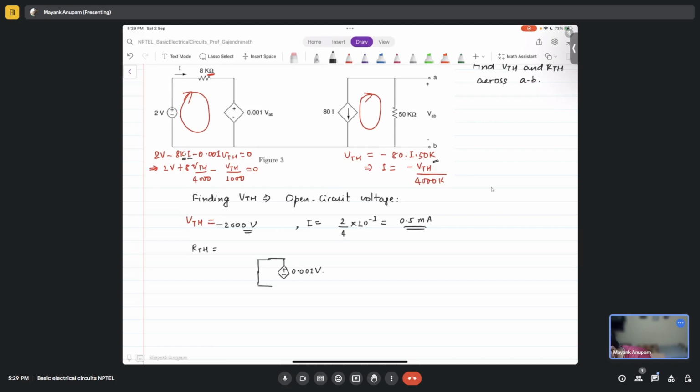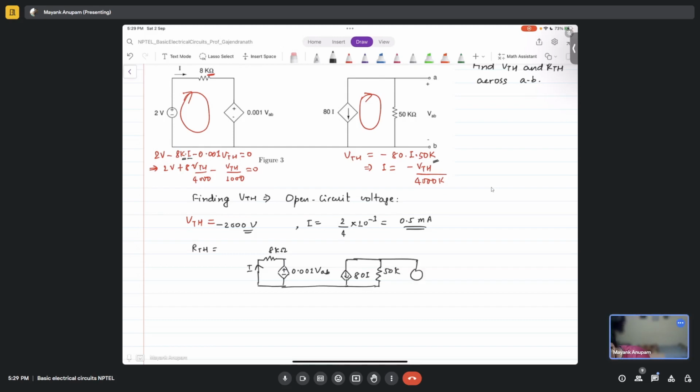Then you have to use 0.001 VAB, this is I, and 80 into I, and this is another resistance, 50K.